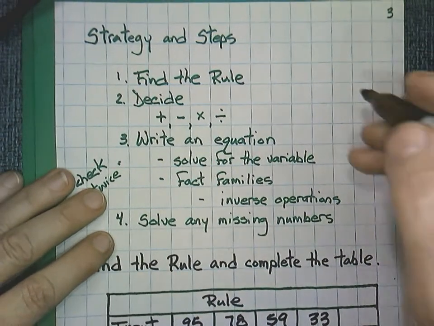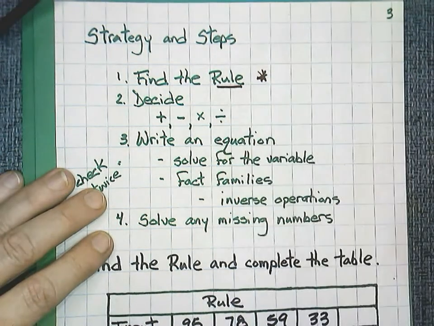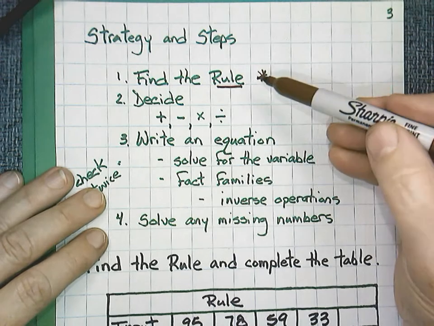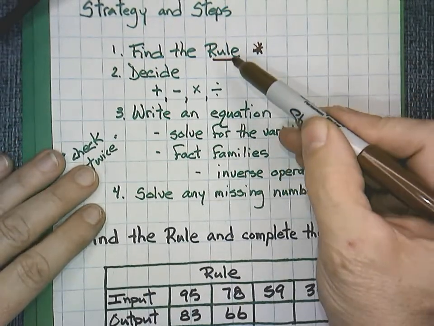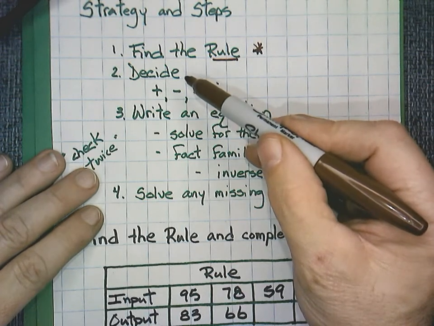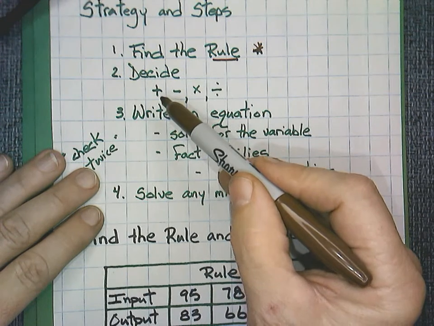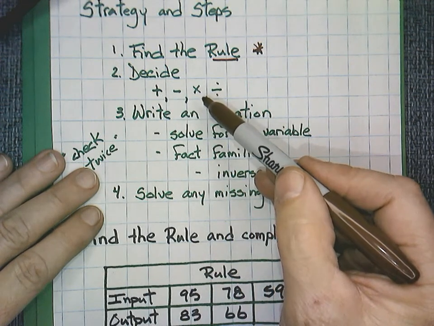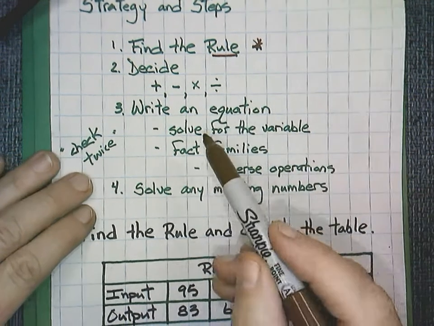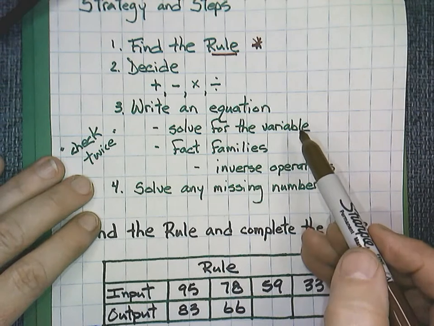Strategy and steps. The key is that we find the rule, and then we can use the rule to find any missing information. To find the rule, we need to make decisions, what we talked about as our decision flowchart, to decide if our rule is going to involve addition or subtraction or multiplication or division. We write an equation and solve for the variable.